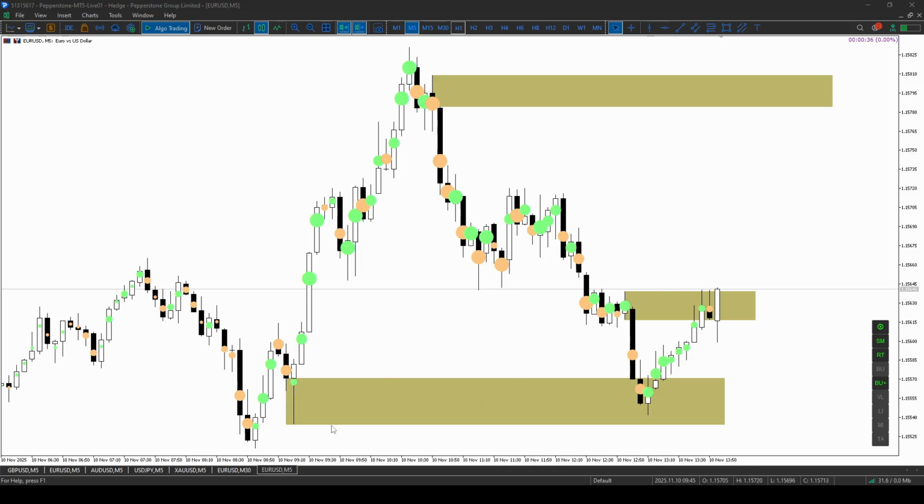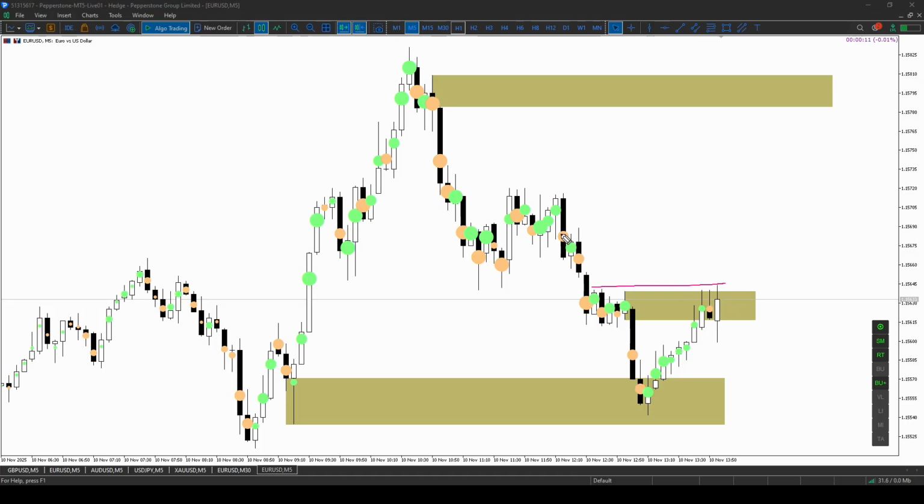Okay, so let's get back to the chart, and you can see the people who set their stop loss above this zone are hit already. We mostly say that market makers hunt our stop loss.